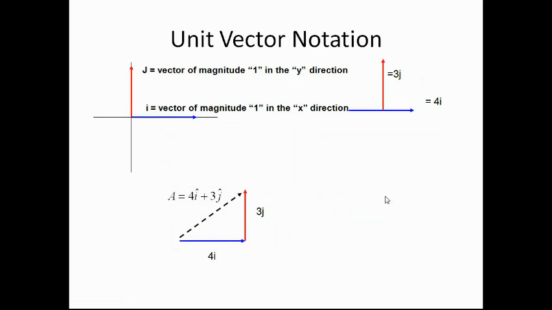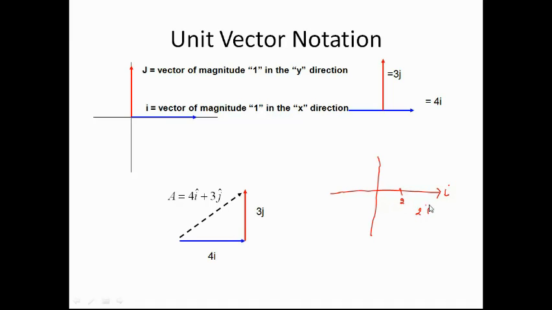Next we will talk about the unit vector notation, and this is very important and crucial in problem solving related to vector quantities. We'll talk first about two dimensions, the xy coordinate. Here the x-axis is denoted by a unit vector which is i, and so 2 in this direction is 2i.